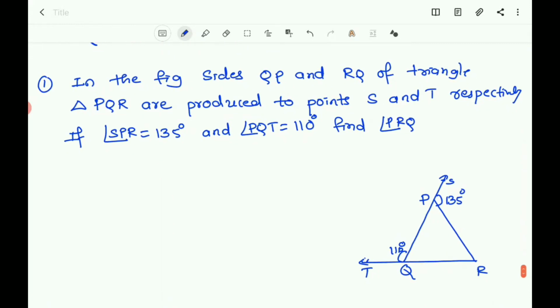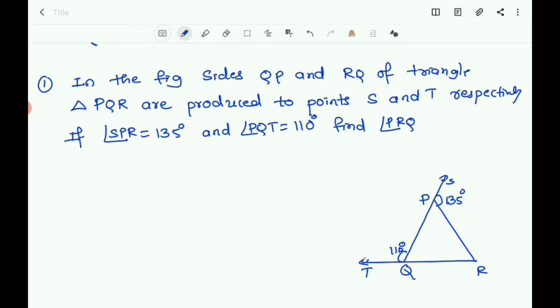What is that question? In the figure, sides QP and RQ of triangle PQR are produced to points S and T respectively. If angle SPR is equal to 135 degree and angle PQT is equal to 110 degree, find angle PRQ.